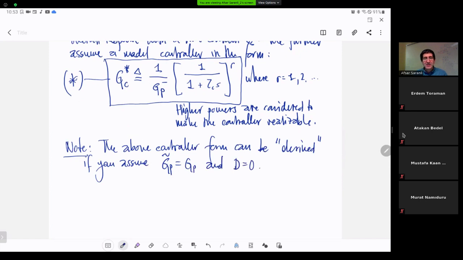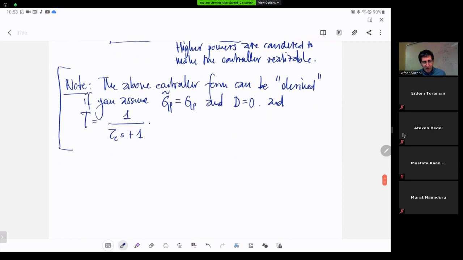If you make that assumption that GP tilde is equivalent to the plant and you don't have any disturbance, you can derive GC star from the given plant transfer function. And obviously desired T is equal to 1 over tau c s plus 1, which is a first order overall transfer function. So you can do that if you want to.